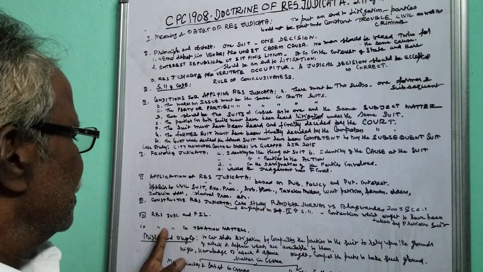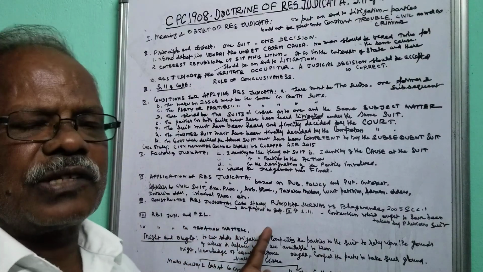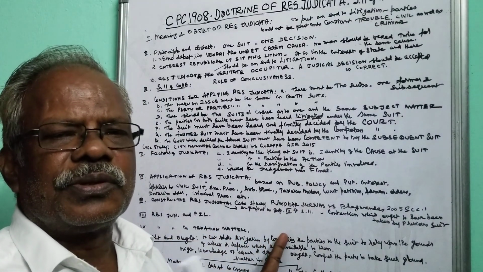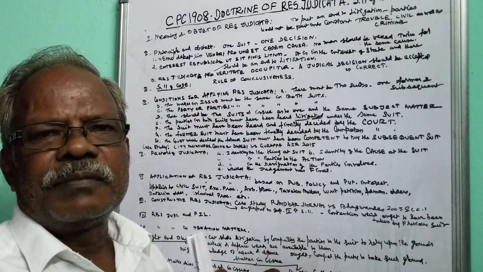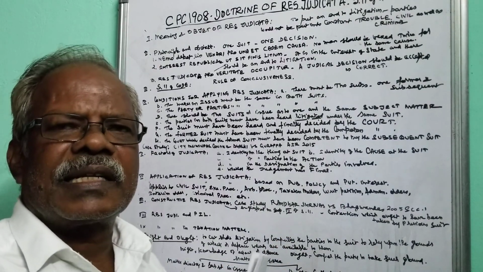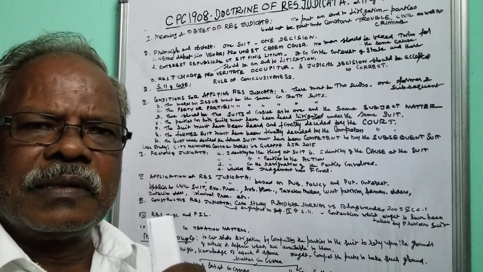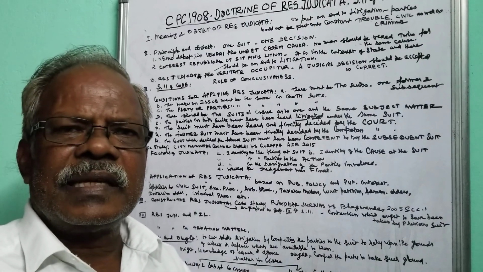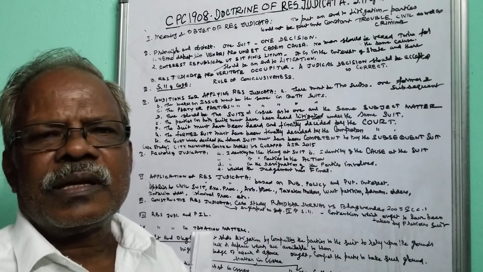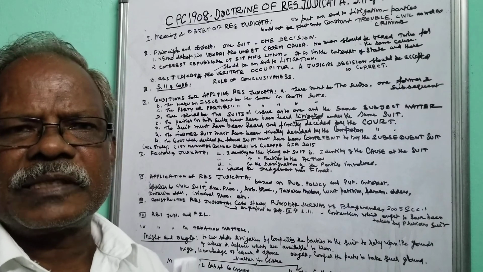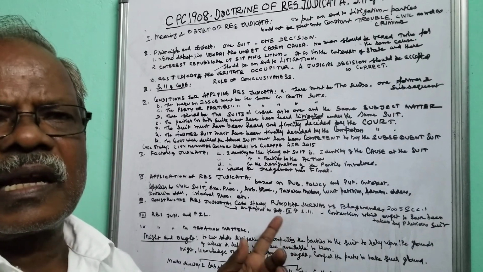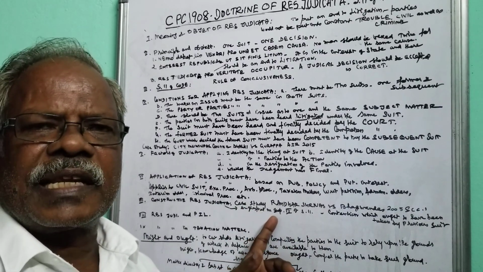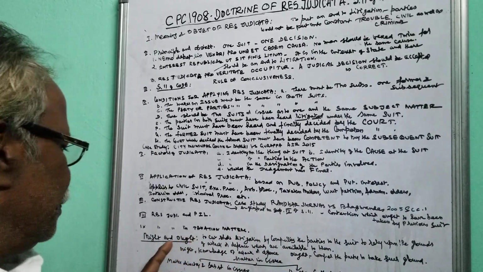And res judicata is also not applicable in taxation matters because taxation matter represents the account here. So naturally the subject matter may be different, and res judicata is not applicable.